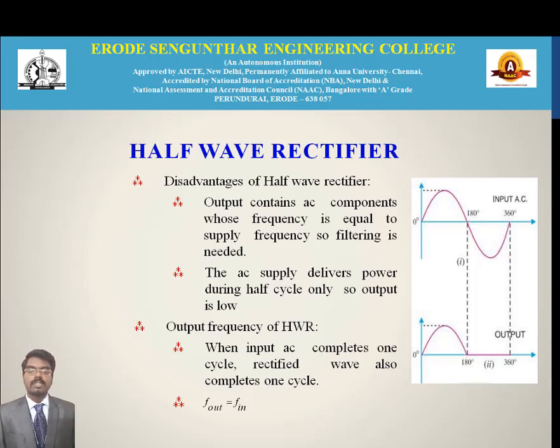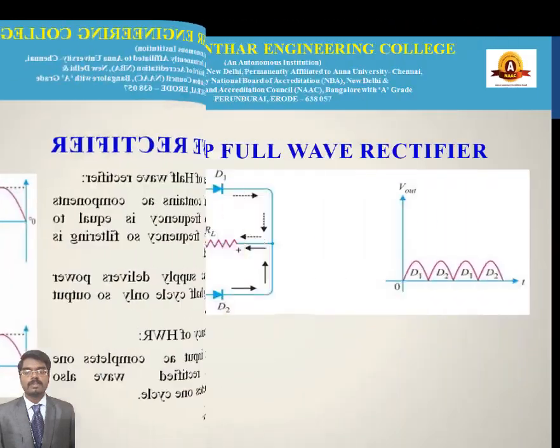Next, on seeing the output frequency, when the input AC completes one cycle, the rectified wave will also complete one cycle. So the output frequency is equal to the input frequency.